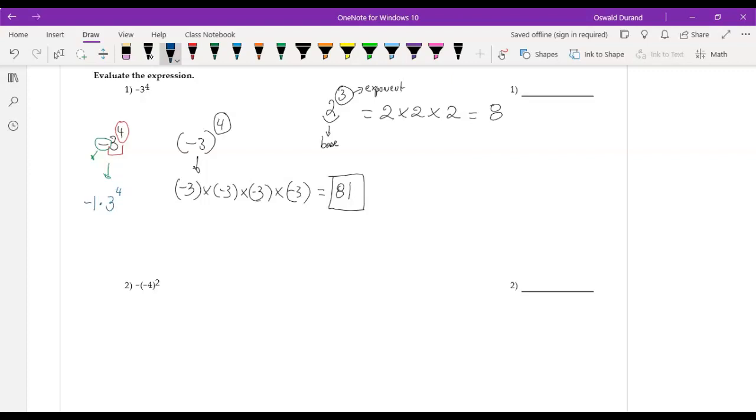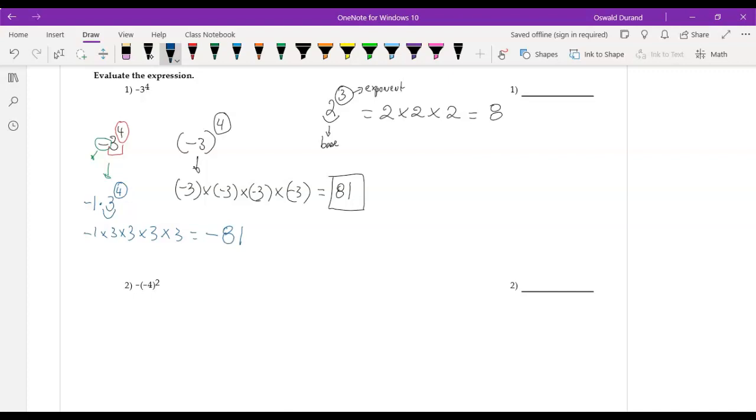Only the 3 is being raised to the power of 4, while the negative 1 is on the outside, being multiplied. So at the end, you have negative 1 times 3 times 3 times 3 times 3, which is negative 81. Two different outcomes based on how they are presented.